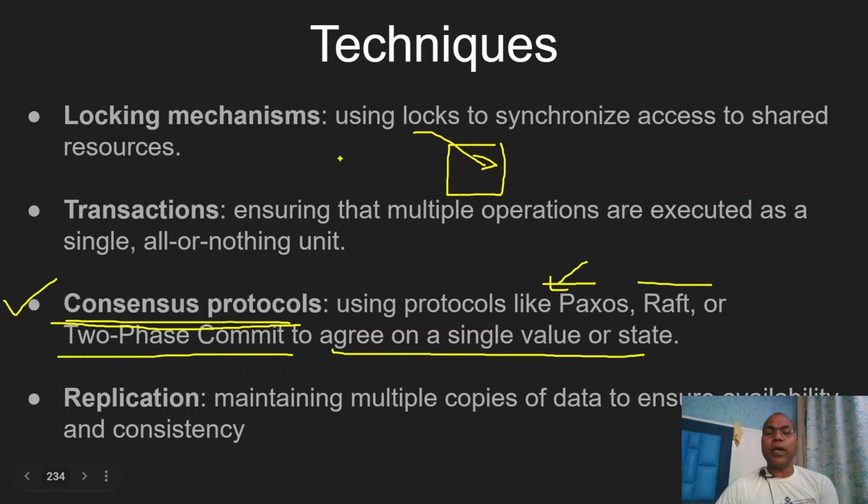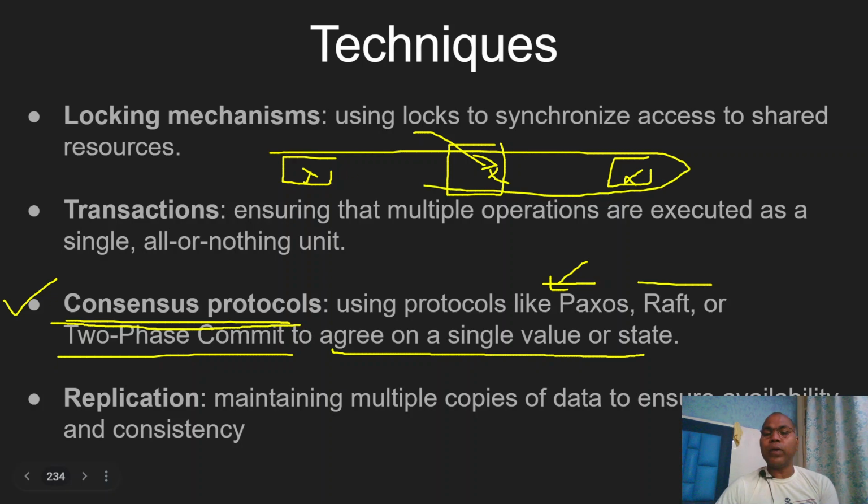We are not saying some node has an old copy and some node has a new copy. No, this is not allowed. Something is available everywhere or none. So this is a consensus protocol you can apply to offer consistency in your system.